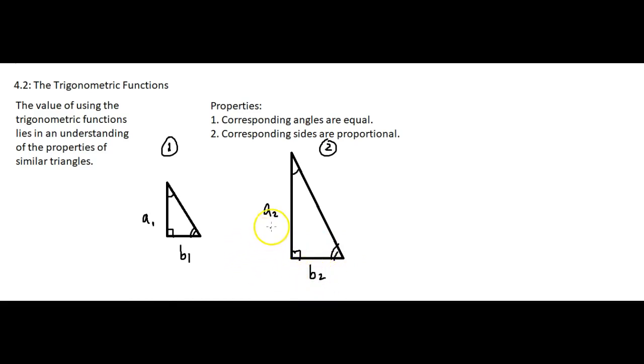If I make a ratio of one side to another, for example, A1 over B1, that ratio is equal to the ratio of the corresponding sides in the other triangle. So A2 over B2. And again, we could also do C1 and C2.